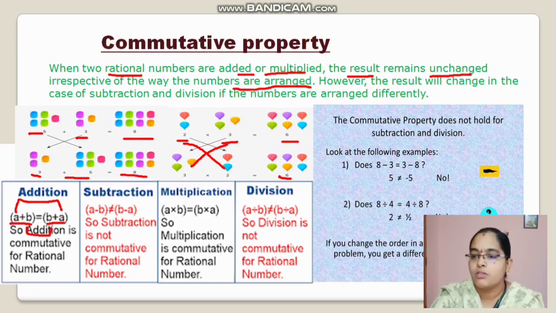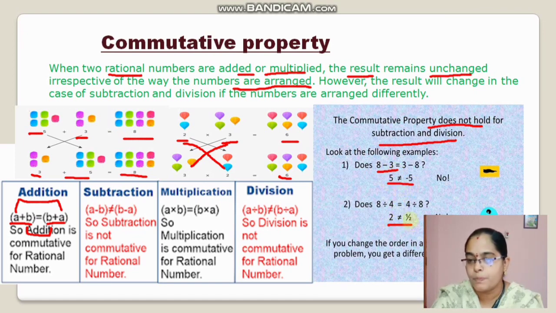If we observe clearly, the commutative property does not hold under subtraction and division in rational numbers. If we take any two rational numbers and change the order, the result is not equal. Like that in division also. So we can conclude that commutative property holds good in rational numbers under addition and multiplication.